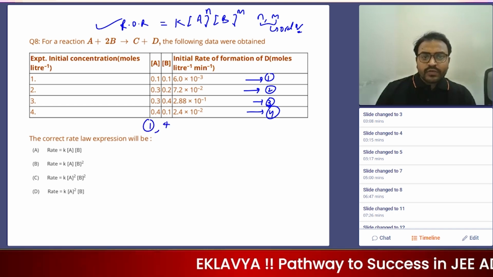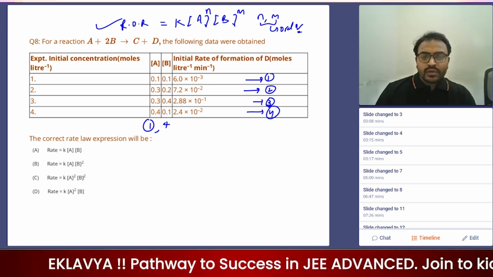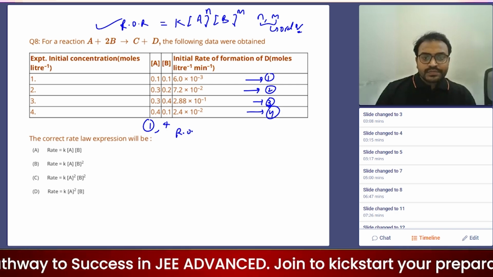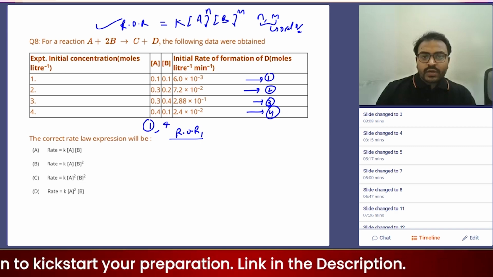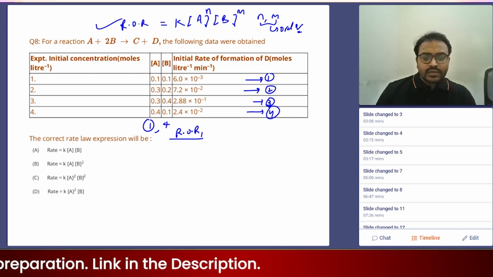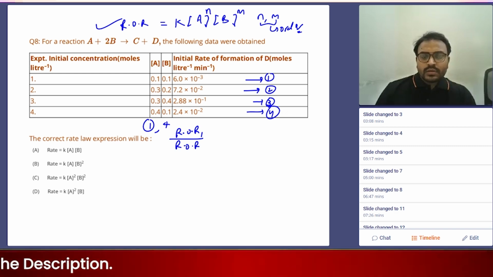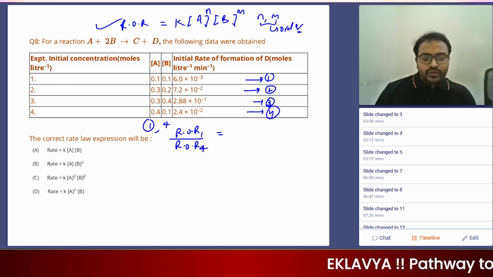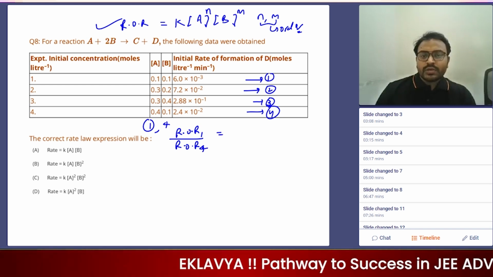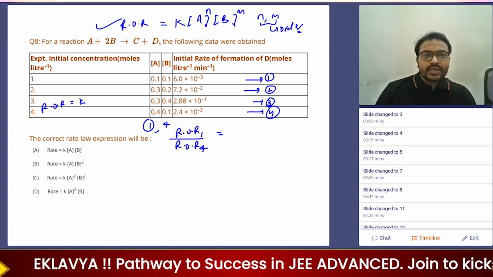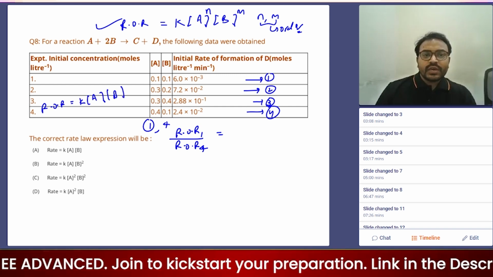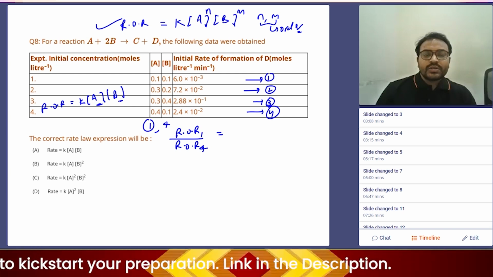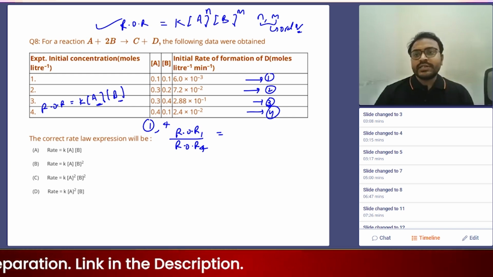So by taking 1 and 4, the rate of reaction for 1, we can take the ratio directly, and ROR for the fourth one will be equal to, because we know that the rate of reaction can be written like the concentration of A into concentration of B.